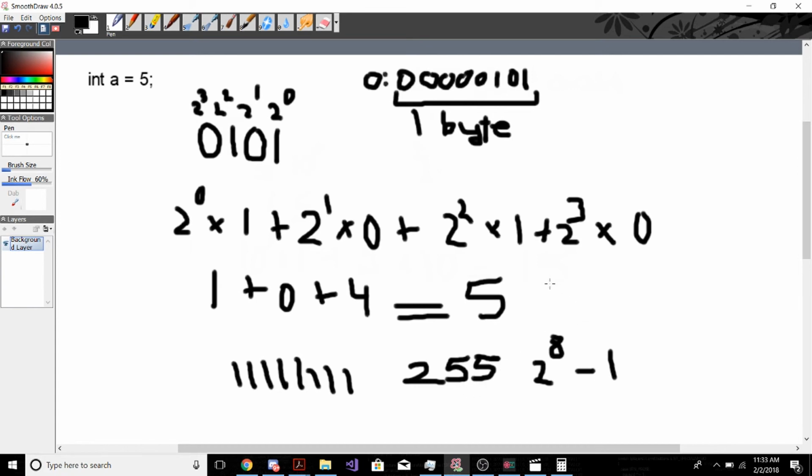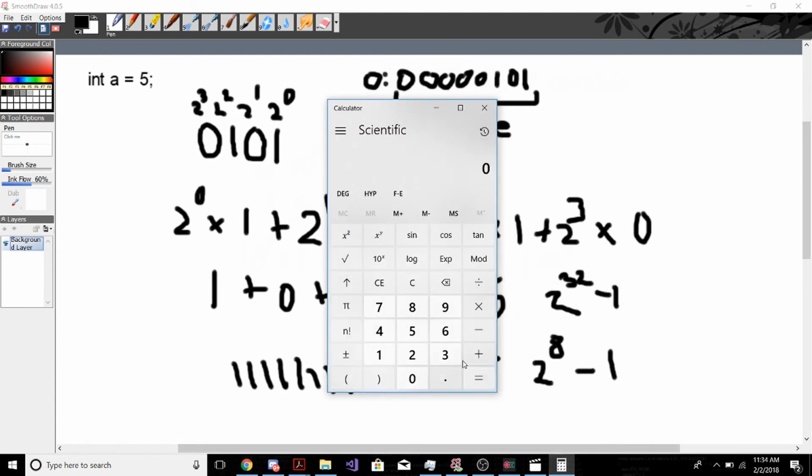Okay, so how many numbers can a 32-bit integer store? Let's do 2 to the 32 minus 1. I don't know the answer off the top of my head, so let's just use a calculator. 2 to the 32 is this one. Yeah, that's a huge number.